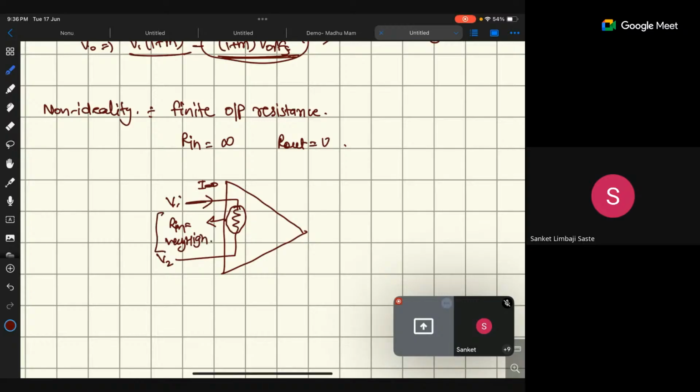Now, ideally R in is infinite. But as we know, infinite is not possible. So practically, R in is very high.